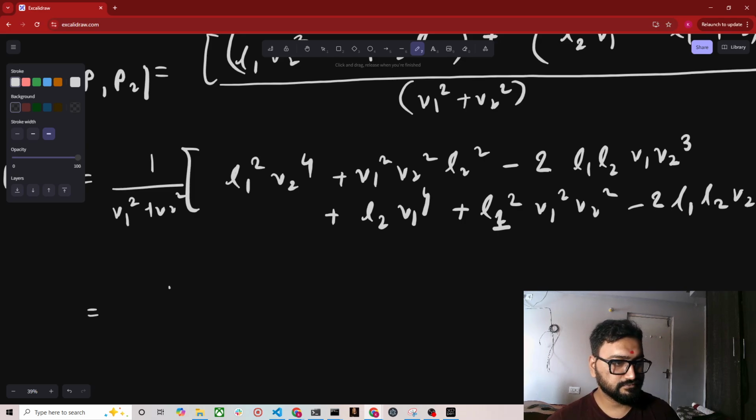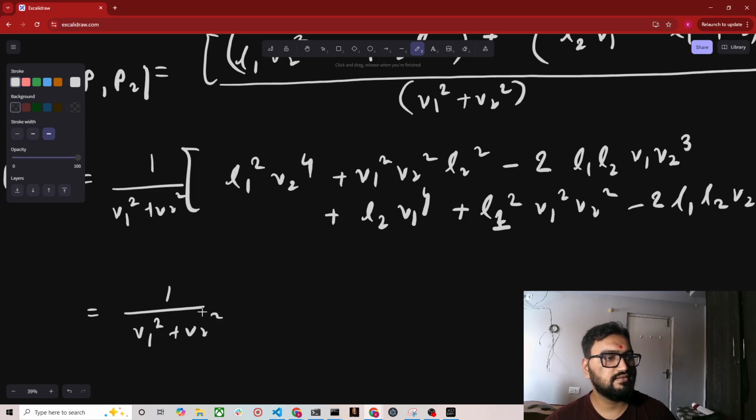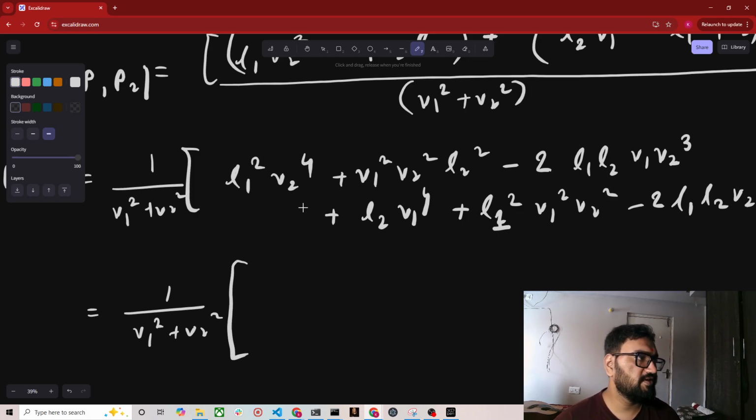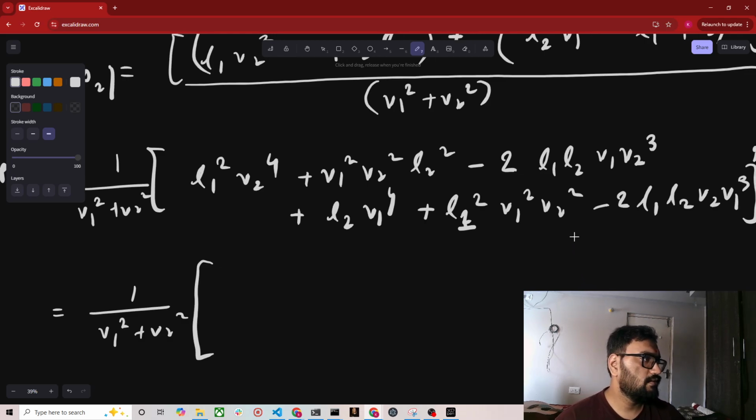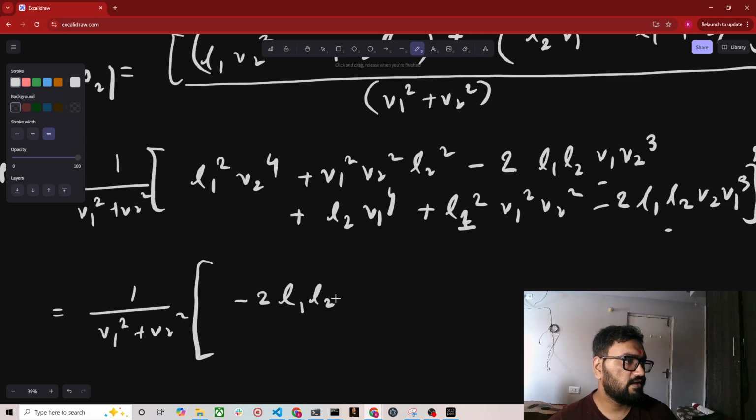So I'll get 1 by V1 square plus V2 square into square root of, let me simplify this thing. If I club this and this together, I'll get minus 2 L1 L2 V1 V2 V1 square plus V2 square.